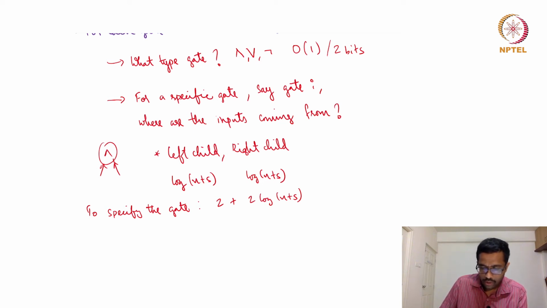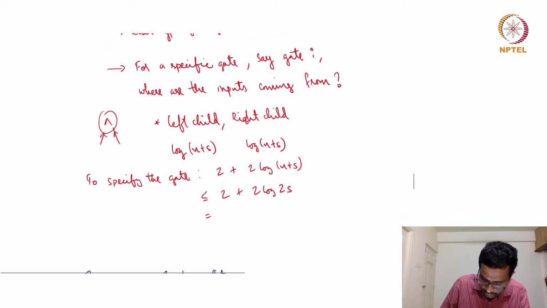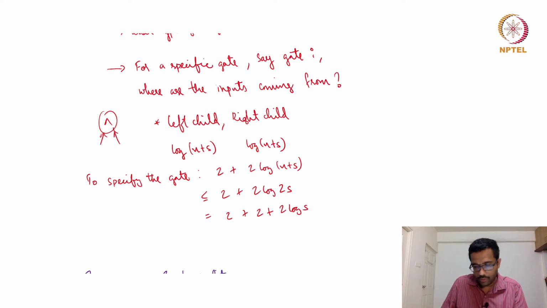One way to bound this: the size of the circuit will at least be N, so N is upper bounded by S. So you could write it as 2 plus 2 log 2S, and this is equal to 2 plus 2 plus 2 log S, since log 2 is 1 and 2 log 2 is 2.